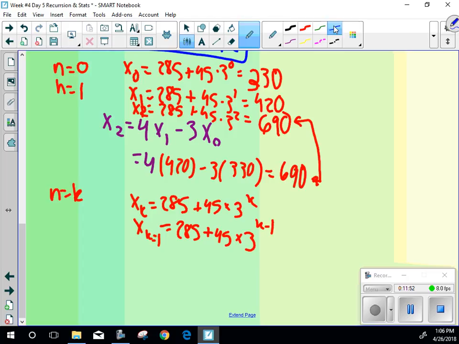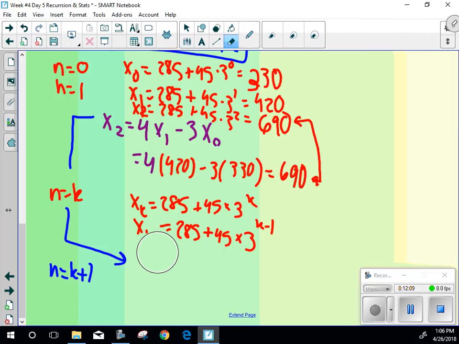So now what we're going to do is take this one and check n equal to k plus 1. It'll totally make sense when you see it in just a moment here. So we're going to check for n equal to k plus 1.